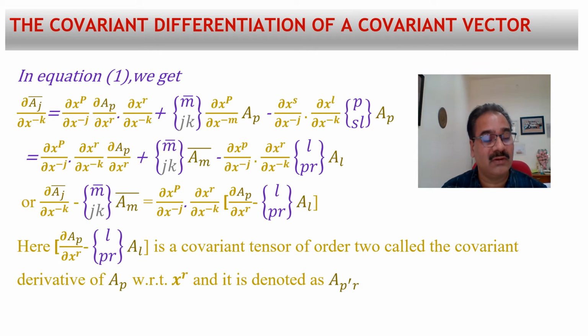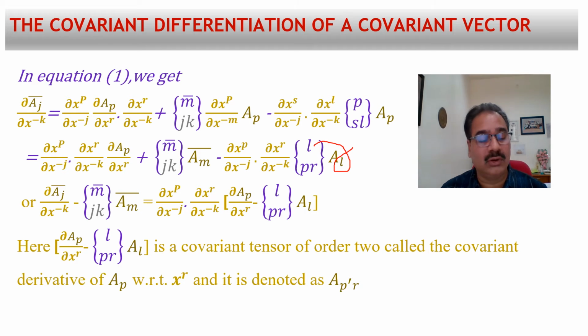From this equation it is easy to write this also, plus {m over jk} bar A bar_m minus del x^p over del x bar^j del x^r over del x bar^k {l over pr} A_l.